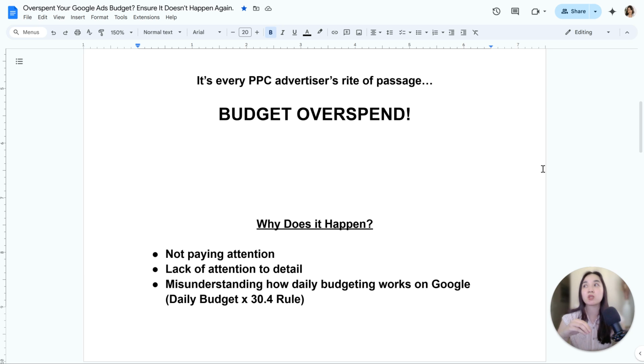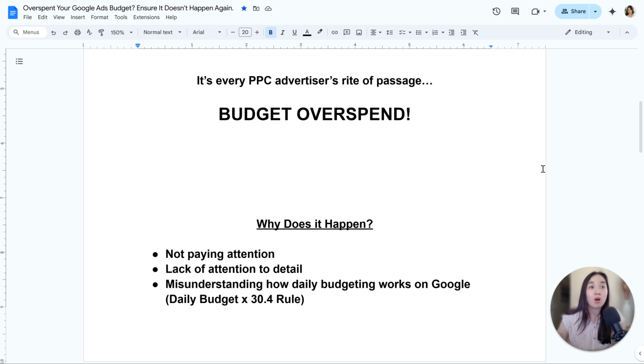Because if you have a specific bid strategy like maximize conversions or maximize clicks, Google doesn't want to prevent you from getting the conversions and clicks if your budget is too low. So sometimes it will overspend, but it will not exceed your average daily budget times 30.4 in a monthly period.